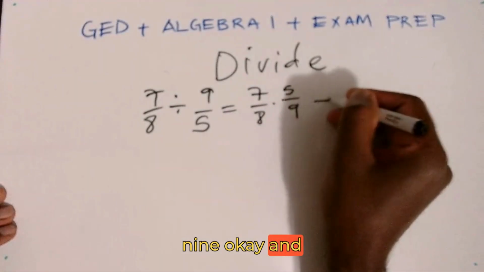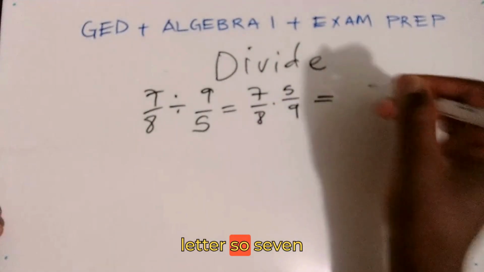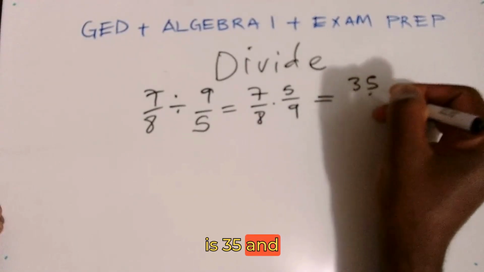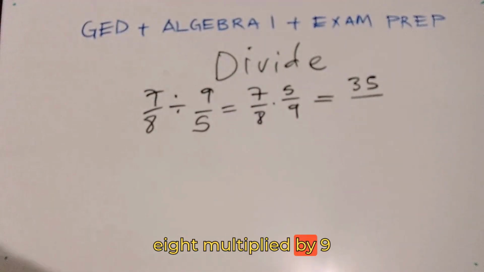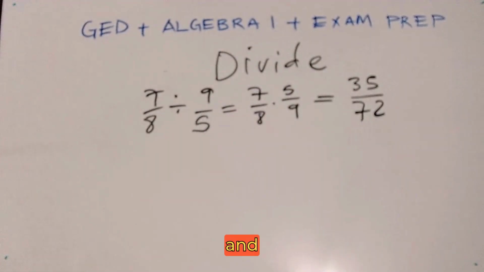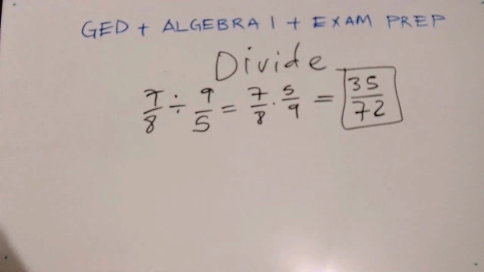And you know, fractions, numerator multiply numerator. So 7 multiplied by 5 is 35. And 8 multiplied by 9 is 72. And there is no common factor between 35 and 72, so 35 over 72 is the answer.